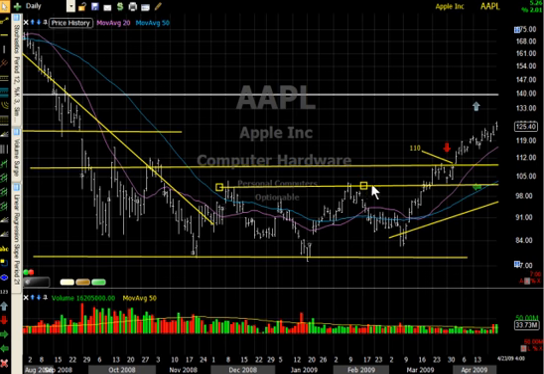In other words, my stop's 102, Apple's at 125. I have $23 of risk, or I now have a 20% downside risk. When I bought it at 110, my risk was 8.5% relative to the entry price. That is risk. That's real dollar risk to my money.